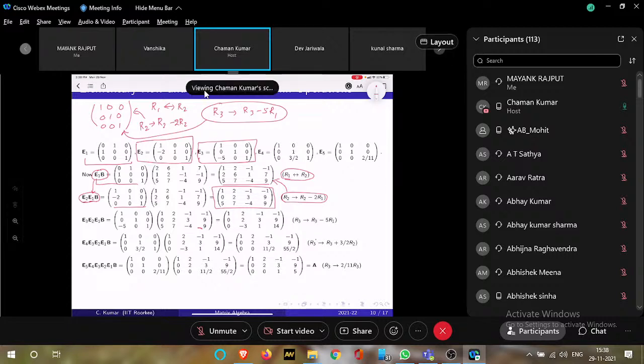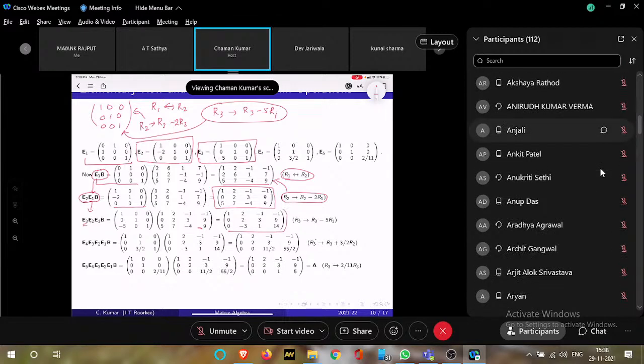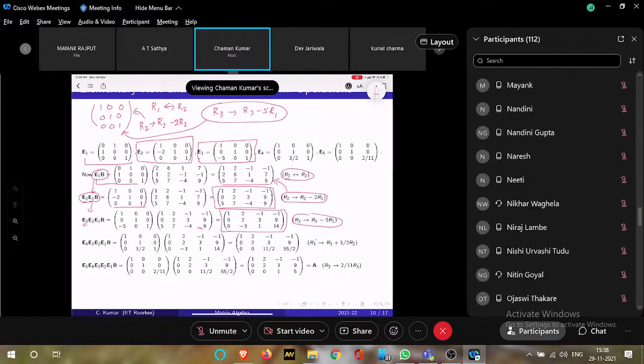So when you pre-multiply this matrix by E3, you get this matrix, which is the same matrix that you obtain by applying the elementary row operation on the previous matrix. Okay.